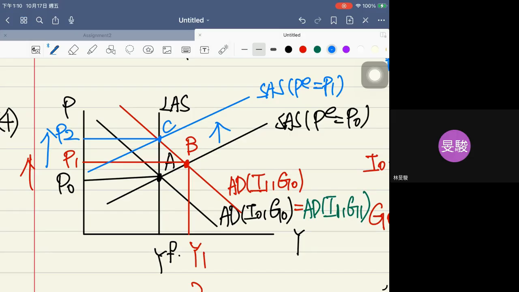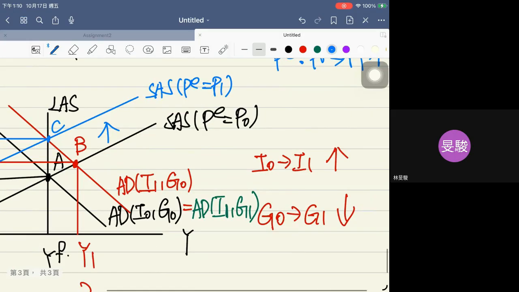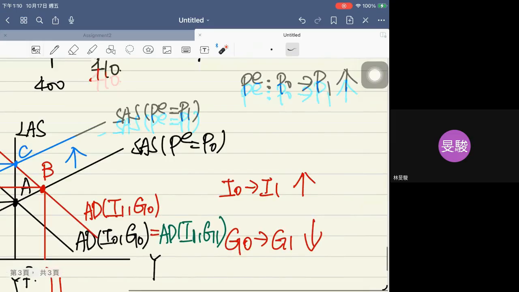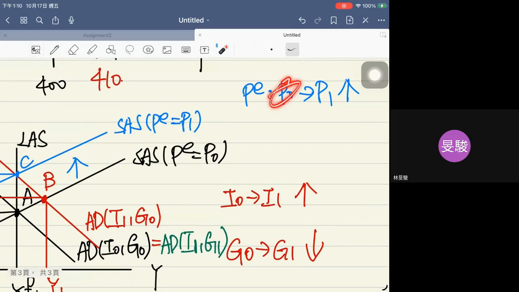Since the short run equilibrium exhibits a higher price level than the long run equilibrium, people will revise their expectation of the price level from PE equal to P0 to P1 in the long run.